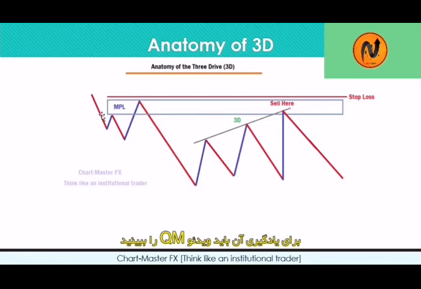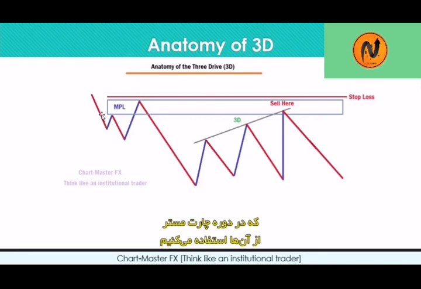To understand the QM level, maybe you need to watch the Quasimodo video that I uploaded, and also the Quasimodo sniper. You can have a general understanding of what it means to say that we have a QM level here. So those are the main decision points that we use at Chartmaster FX.